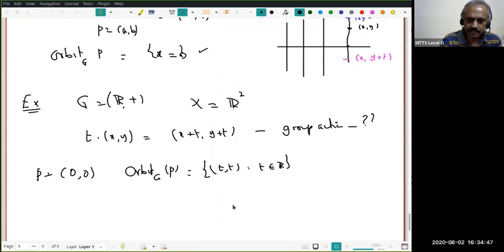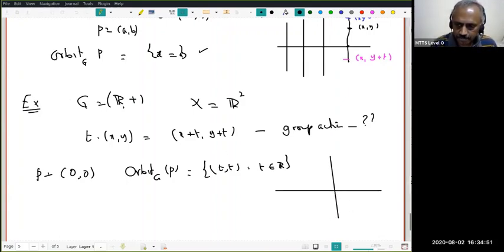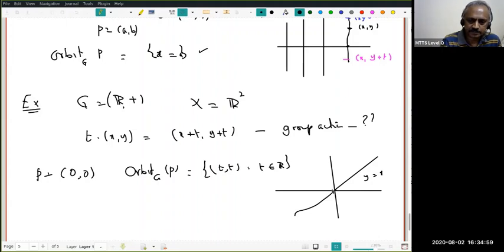You understand? Therefore, this orbit is nothing other than the line passing through the origin, y equal to x. Right? Now I will tell you how the geometry helps us to decode something easily. I hope you will appreciate this example of what I'm doing.